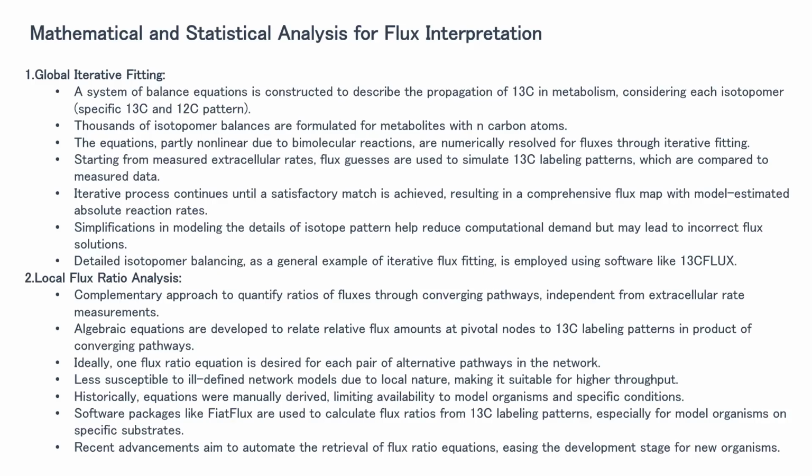It will reduce your computational load, but it is more advisable to have an idea about how all your labeled and unlabeled isotope fluxes change. Detailed isotope balancing, as a general example of iterative flux fitting, is employed using software like 13CFLUX. In the next example that I'm going to show you, they have used this 13CFLUX.